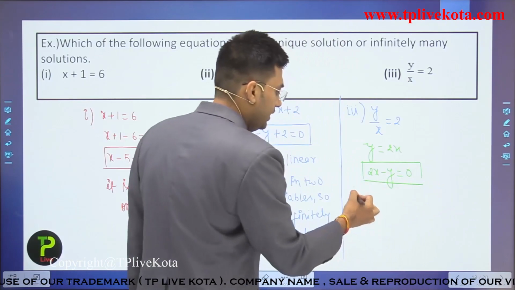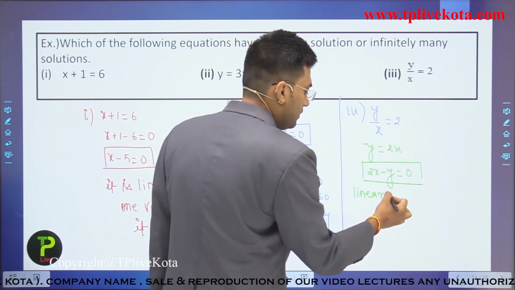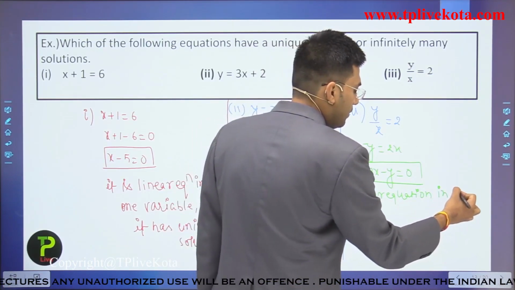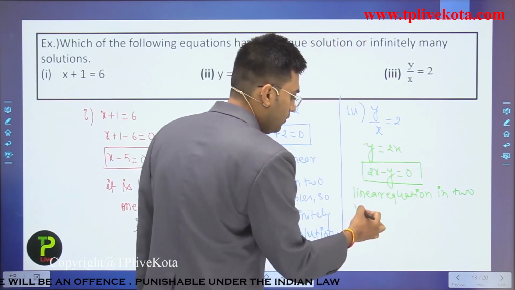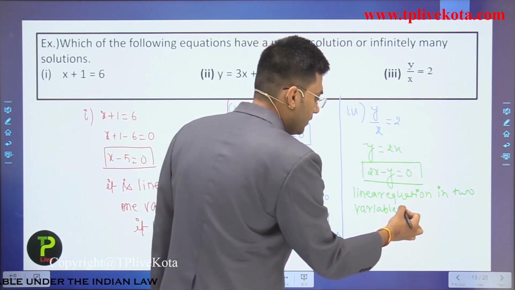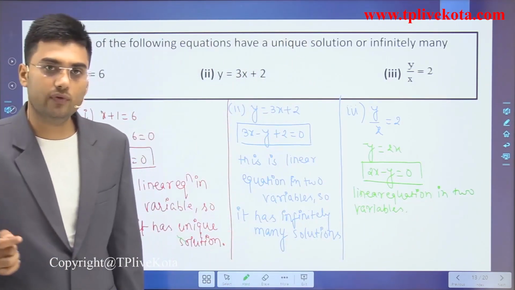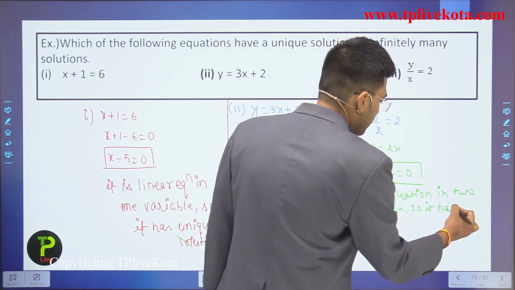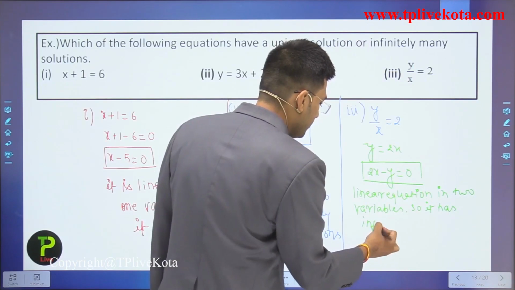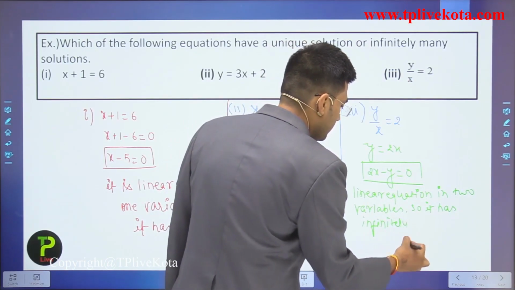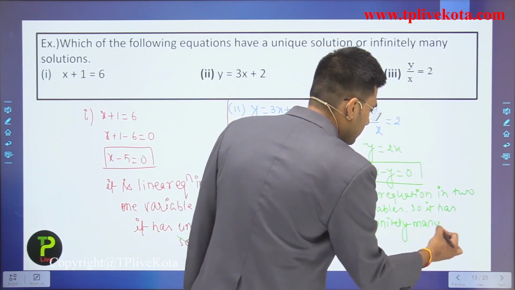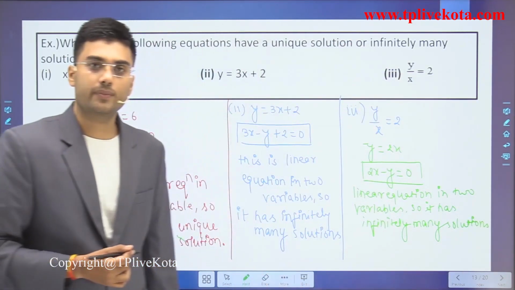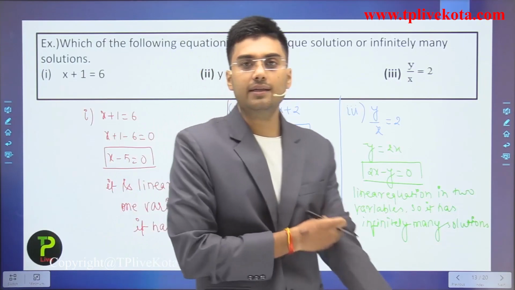Again, this is a linear equation in two variables, and if it is a linear equation in two variables, then it has infinitely many solutions. Clear? Now, I hope you all understand this example.